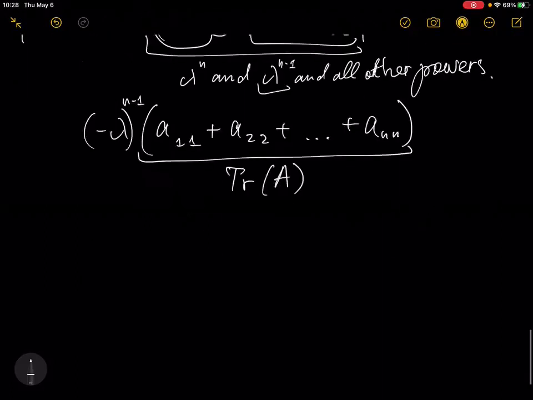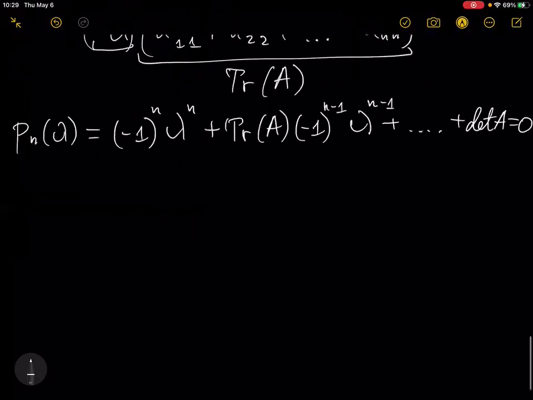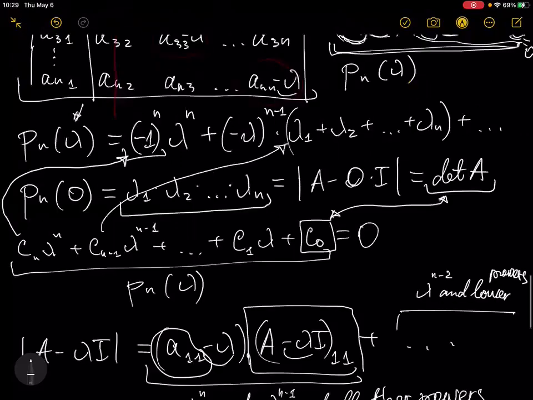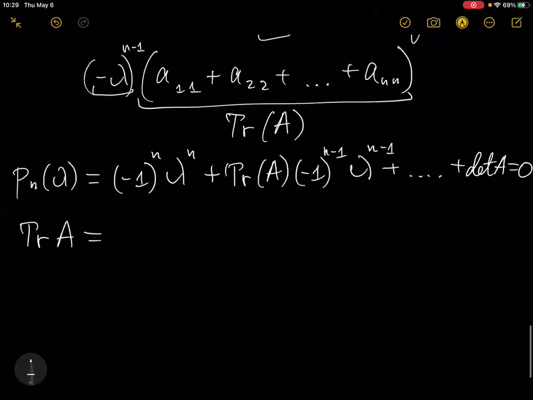So as a result, I'm getting that the characteristic polynomial always looks like this: negative 1 to the power n lambda^n plus trace of A times negative 1 to the power n minus 1 lambda^(n-1) plus further terms, plus the last term, which is always the determinant of A. But also from here we got that the trace of A equals nothing else but the sum of all eigenvalues.